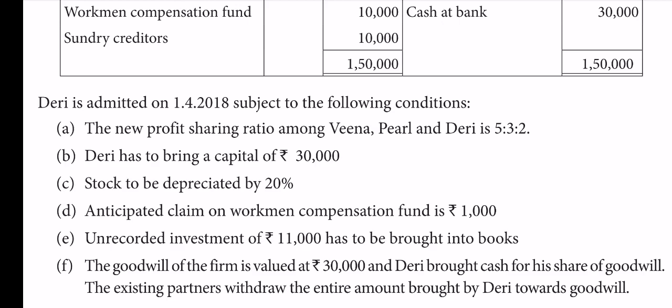So in the previous class someone asked why we need to open a bank account. Yes, because the new partner brought capital as well as his share of goodwill in cash, we need to open a bank account. Even straight away we can show all on the asset side, but if they ask for the necessary ledger accounts, it's a part of the answer. So we need to open the bank account. Then what happened to the goodwill?